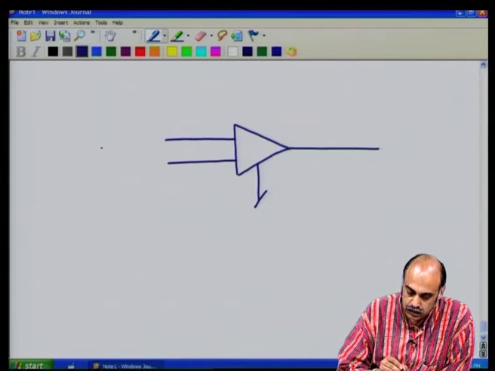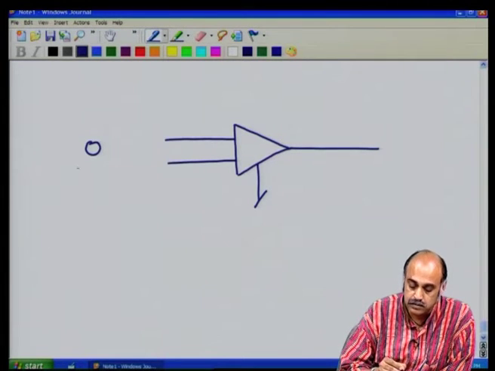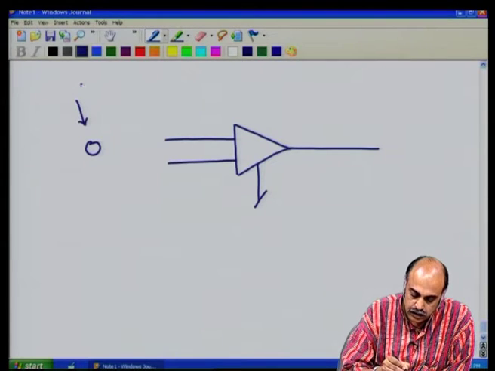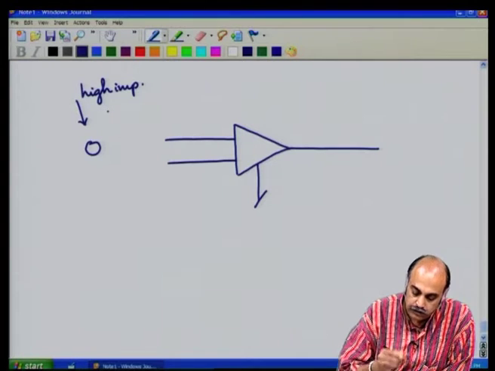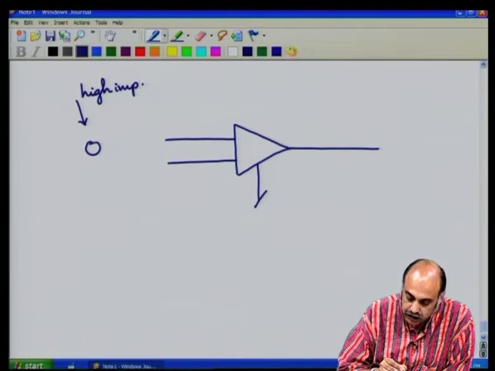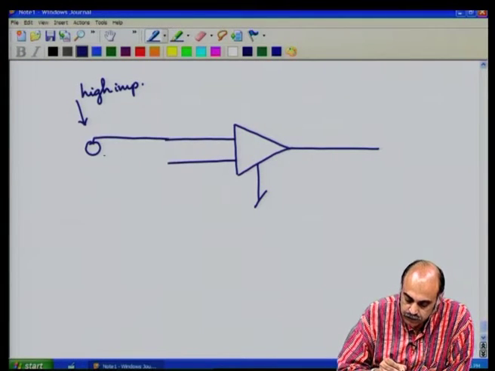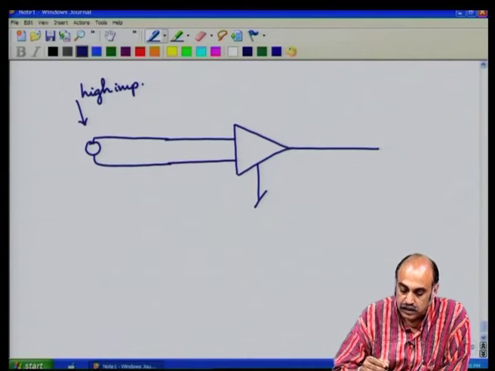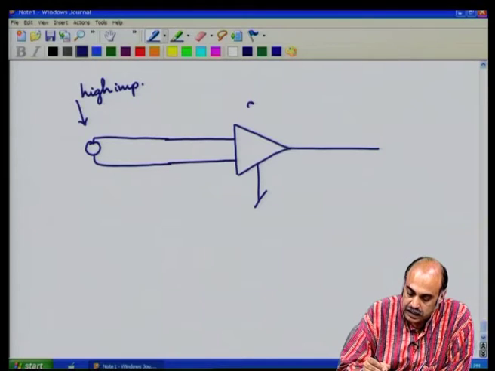You are getting a source which is at a distance, or a high impedance source, like a thermocouple. Then you are making a differential amplifier.